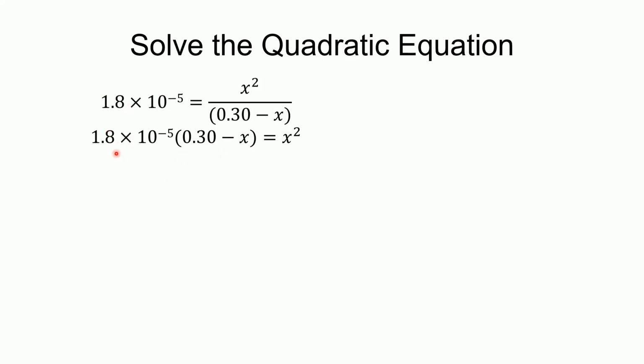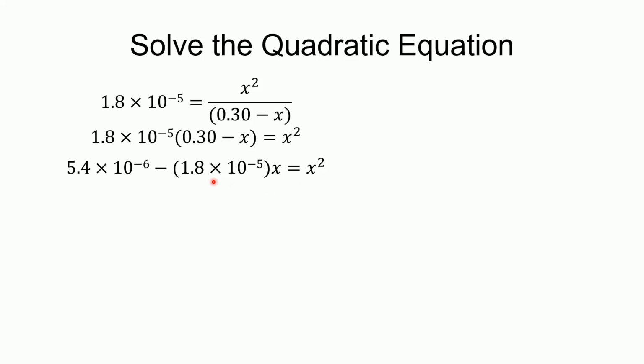We are going to distribute this, so 1.8 times 10 to the negative 5 times 0.30 comes out to 5.4 times 10 to the negative 6. And then 1.8 times 10 to the negative 5 times negative x, so minus 1.8 times 10 to the negative 5x, and that's still equal to x squared.